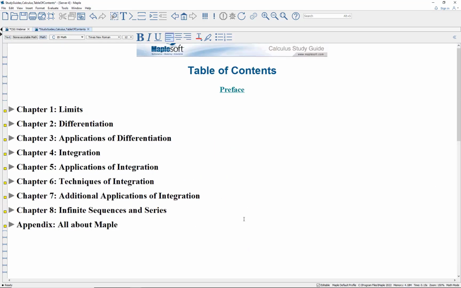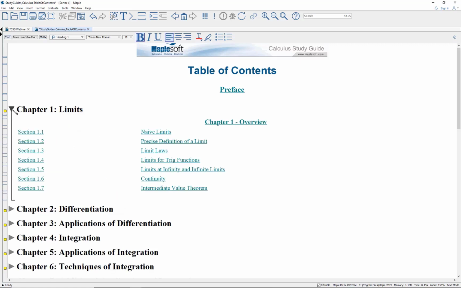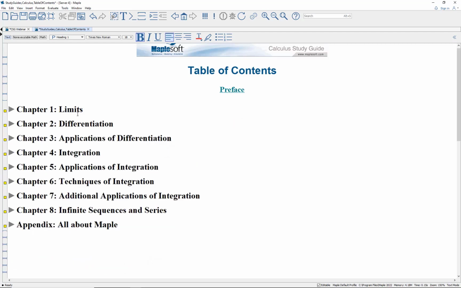So from this table of contents, you can make selections. You can see what the sections are. Remember, there are 69 sections. That averages out to about 7 or 8 sections per chapter. So here are the chapters: limits, then differentiation, then applications of differentiation, integration, applications of integration.